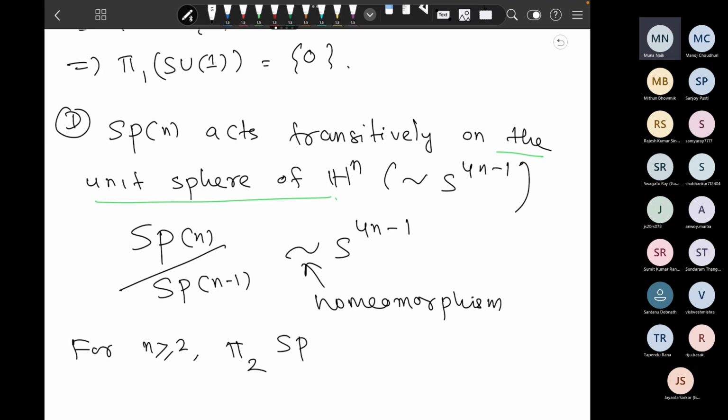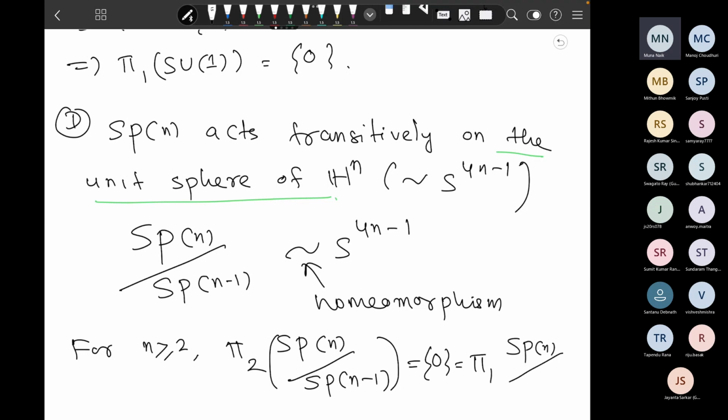Therefore pi_2 of Sp(n)/Sp(n-1) is equal to 0, which is equal to pi_1 of Sp(n)/Sp(n-1).